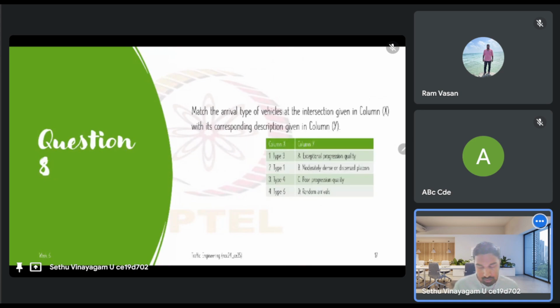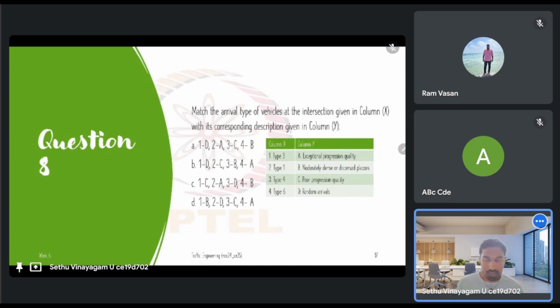Question 8 is: match the arrival type of vehicles at the intersection given in column X with its corresponding description in column Y. So we have 4 types: type 3, type 1, type 4, and type 6. And column Y says A, exceptional progression quality; B, moderately dense or dispersed platoon; C is poor progression quality; and D is random arrivals. So these are the matchings given.